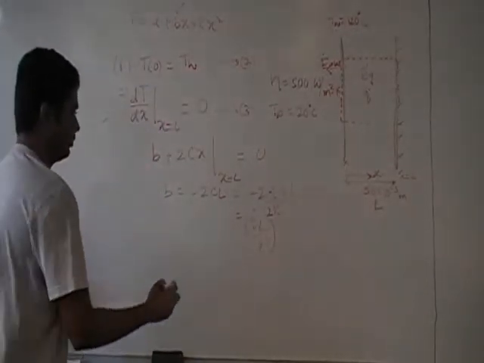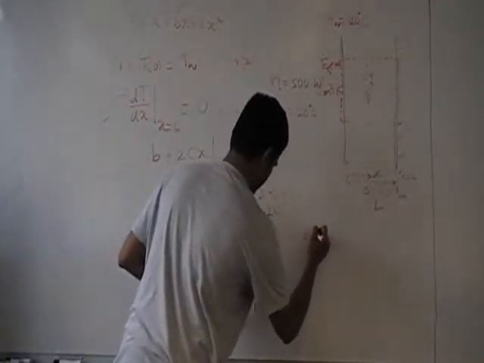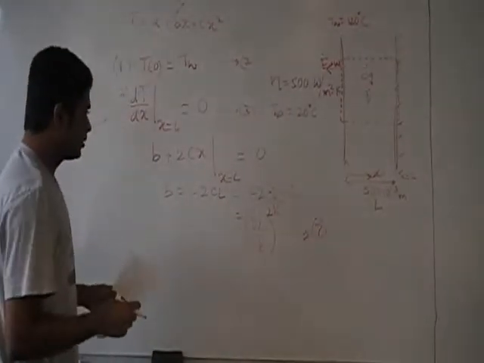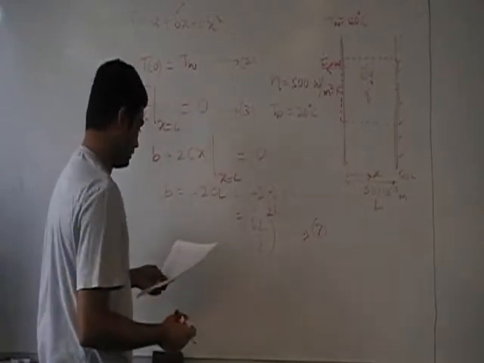So now we know, let's call this 7. So we know what A is, what B is, what C is.